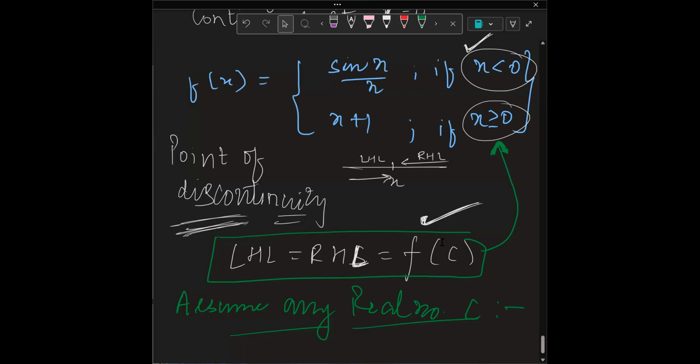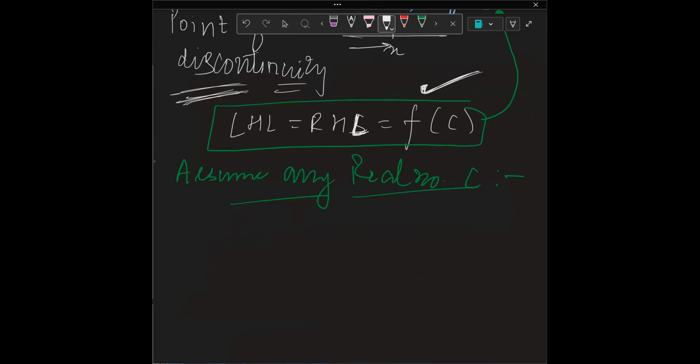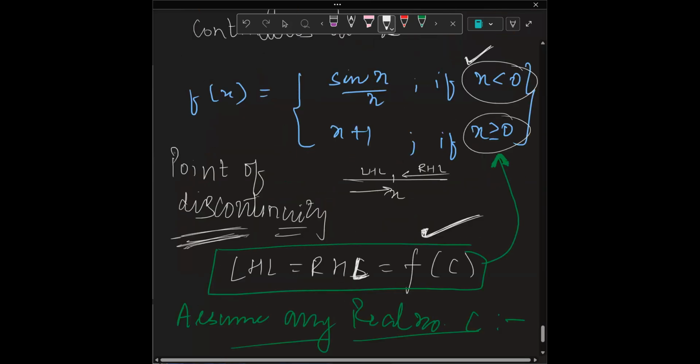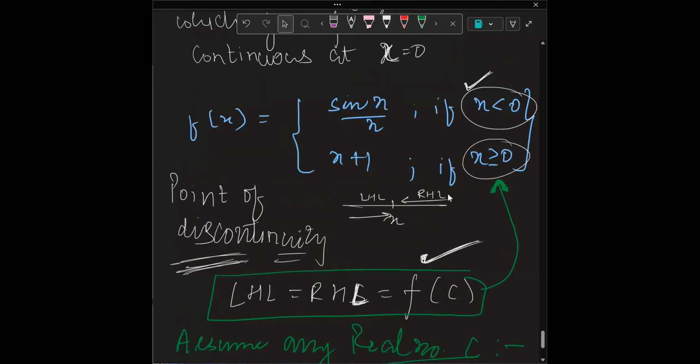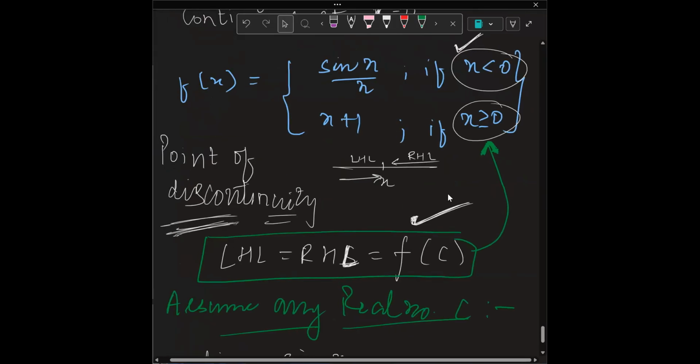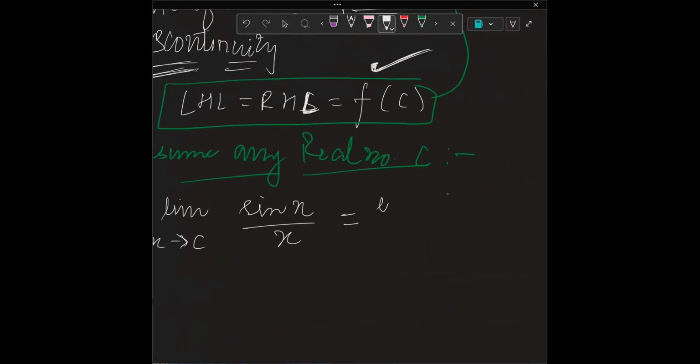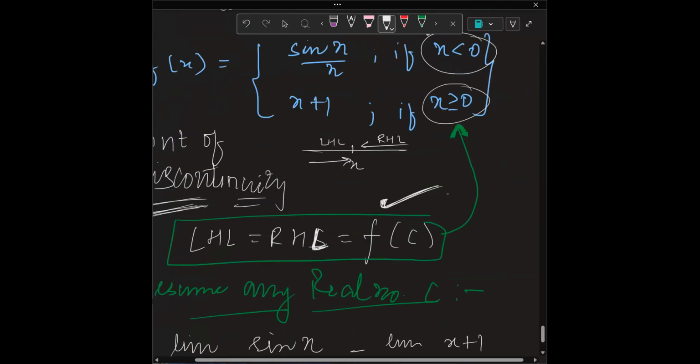Now, I'll say limit x tending to c of sine x, that is your LHL. And for RHL, what you have is this one. So this will be limit x tending to c of x plus 1.